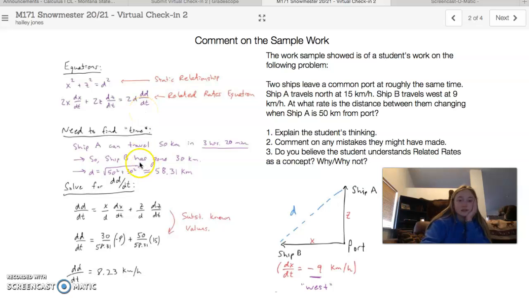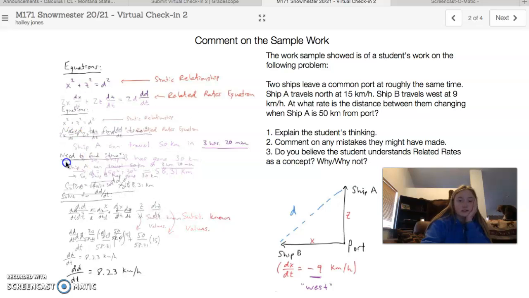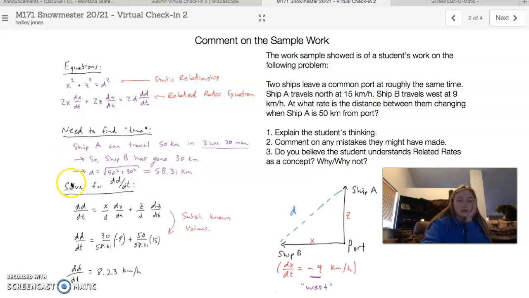Then I went and looked at how they figured out the time part of the question, and it looks like they did everything right. I pretty much got the same answers for that part. Ship A can travel 50 kilometers.